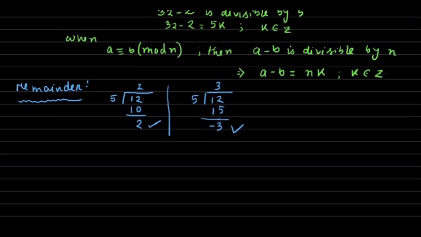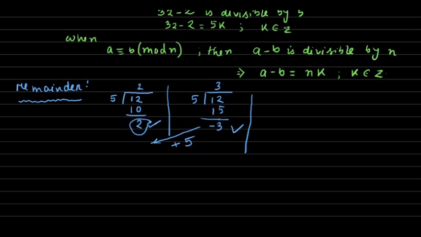That means we accept the plus 2 as remainder. But if the person gets the negative one, how can he get the positive remainder? Just think about it: just add the divider to that negative remainder. Are you getting my point? So let's move on.